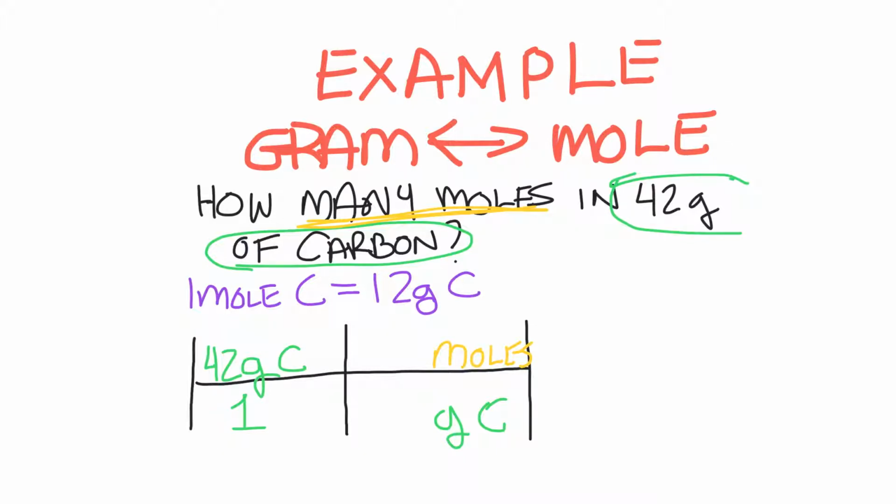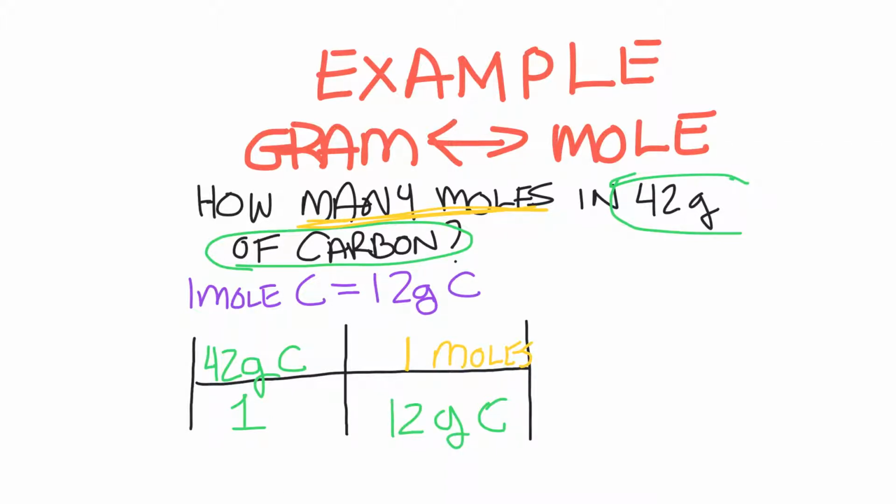So here, we're going to write the number 1. Now, for grams, we have 12. So the grams here of carbon, the number associated with that part of the conversion factor is 12, so we put that right here.